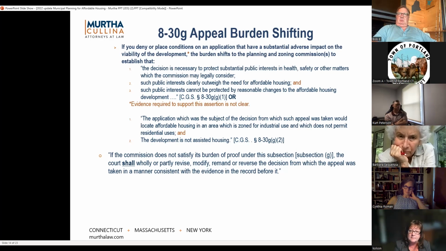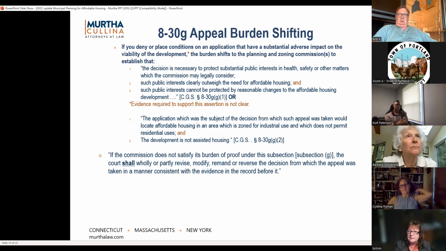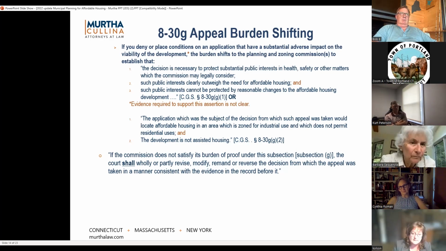So you need to, again, be very careful about weighing the pros and cons of pushing too hard and potentially losing the opportunity to make an affordable housing development, which is likely to be approved, not subject to any conditions whatsoever. Next slide, please.